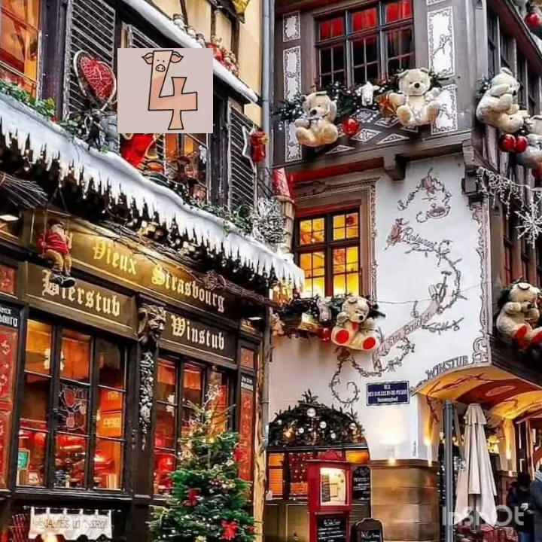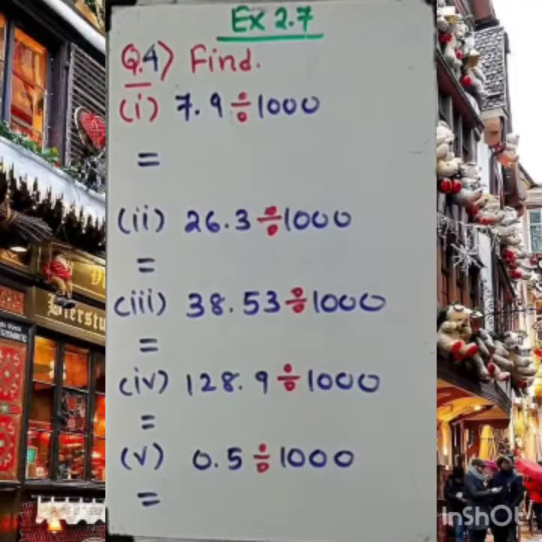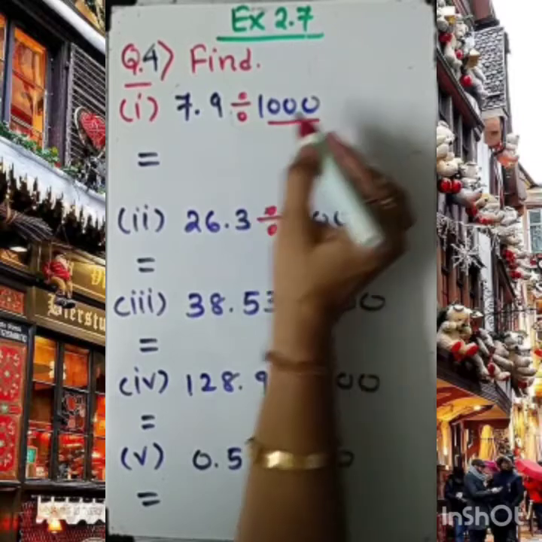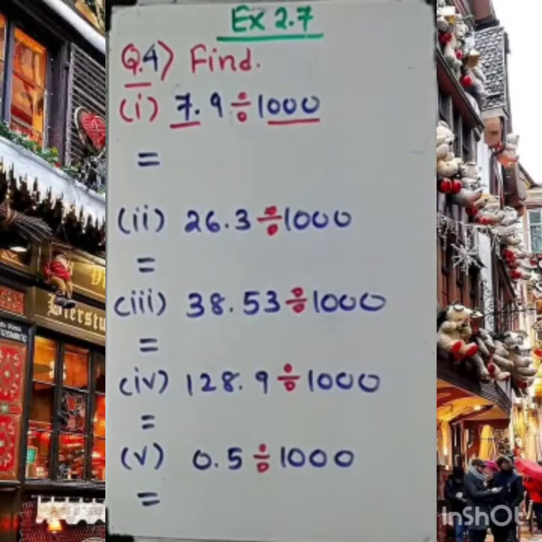So my dear student, here we are given 7.9 divided by 1000 in question number 4, right? So what we have to do? As I told you, 1000, so I need to shift 3 digits. Here we need to shift 3 digits. So here only 1 digit. So 2 more digits we need to shift.